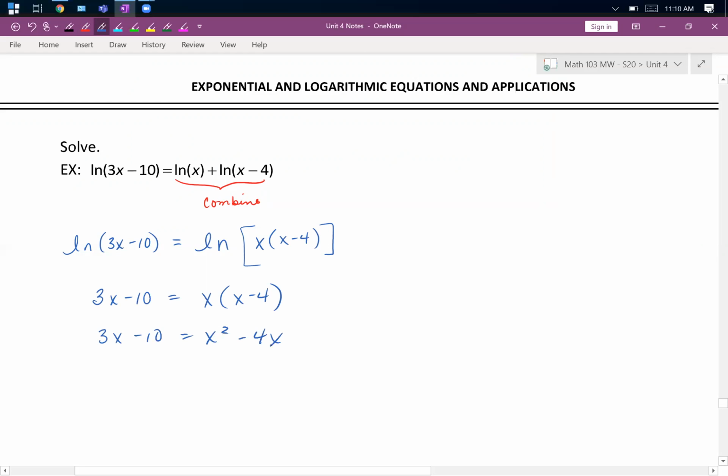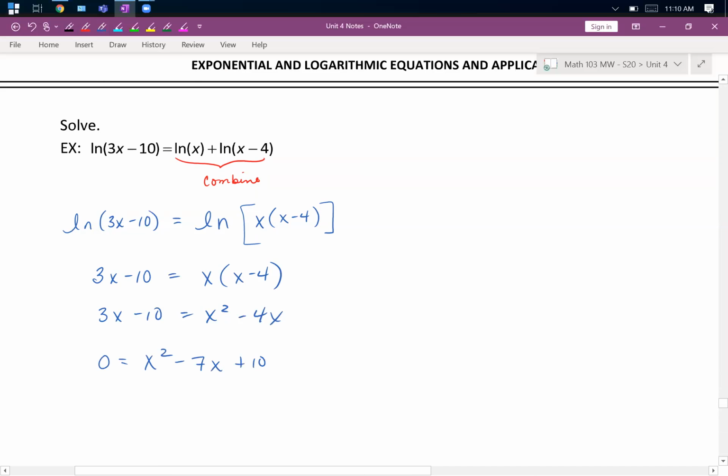We see that we have a quadratic equation. So to solve this quadratic equation, we're going to set it equal to 0, and I'm going to try to factor it, and if factoring doesn't work, then I'll have to use quadratic formula. I'm going to move everything to the right so my leading coefficient stays positive. We'll get 0 equals x squared minus 7x plus 10.